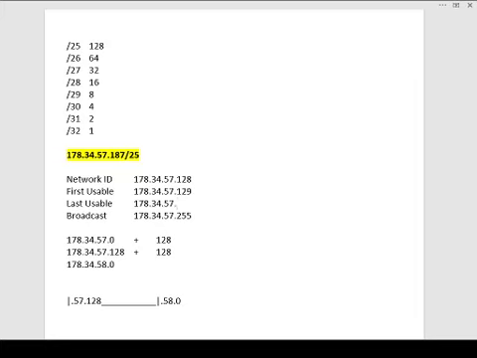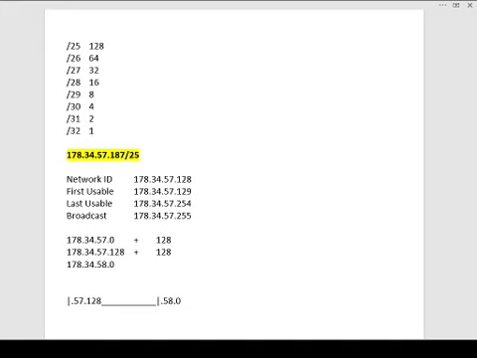And the last usable is always one less than the broadcast, which makes it 254. So when you get to this situation where you're going to roll up, just think if you're doing 64s: 0, 64, 128, 192. The next one would be 256. You can't. It has to be 0, and you have to roll it into that next octet, making that change by 1. So if you can remember that rule, it will help you.